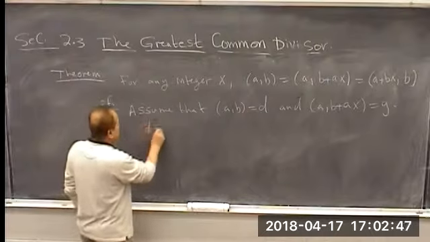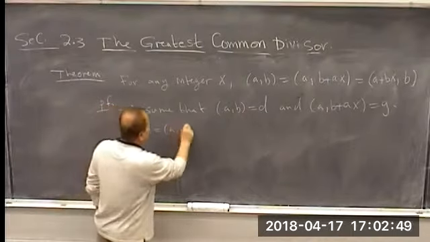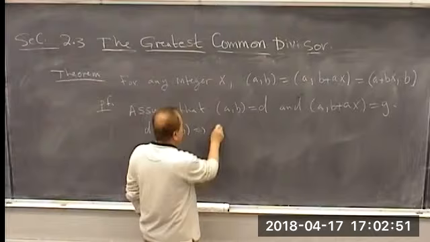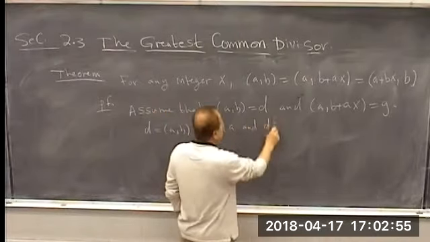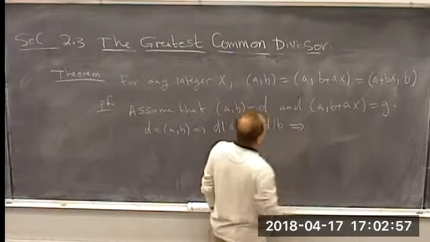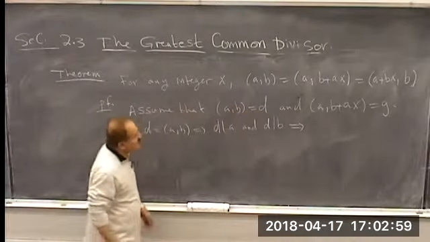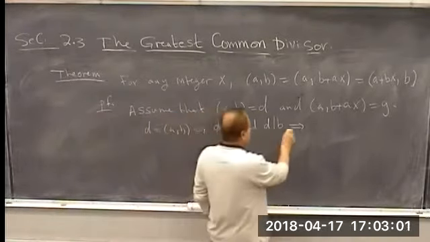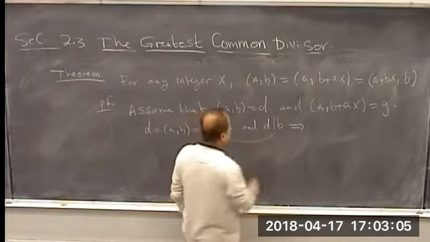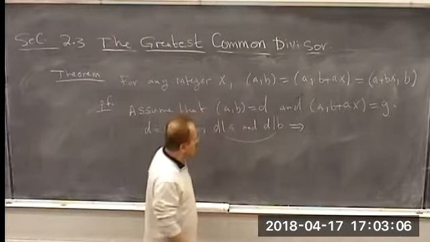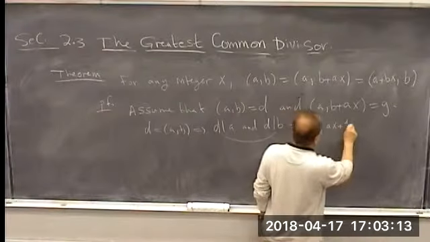So D equals gcd of A, B implies that D divides A and D divides B. Also, from this one, we have D divides any combination of these. So, in this case, I can take the combination to be AX plus 1 times B.